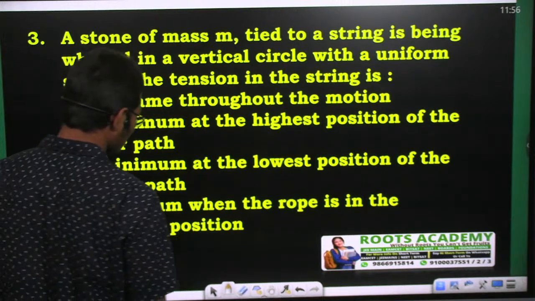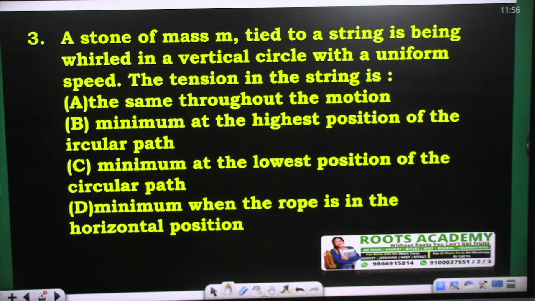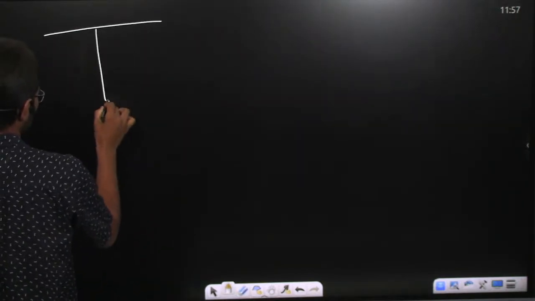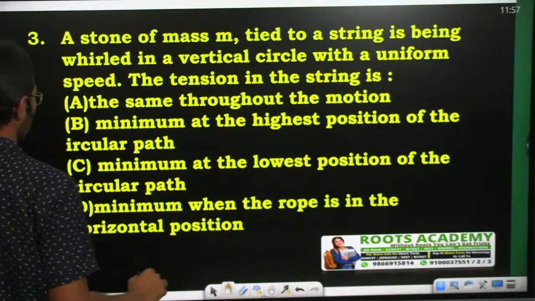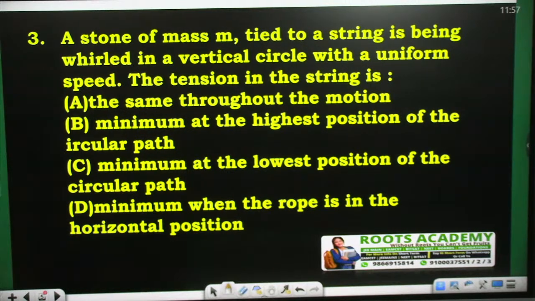What exactly is being said is that it is made to move in a circular path. A stone of mass m tied to a string is being whirled in a vertical circle with a uniform speed.